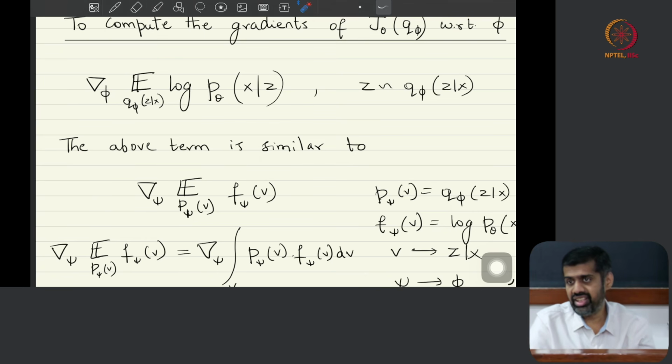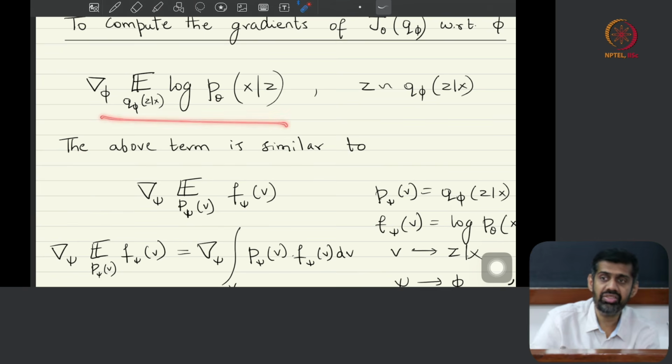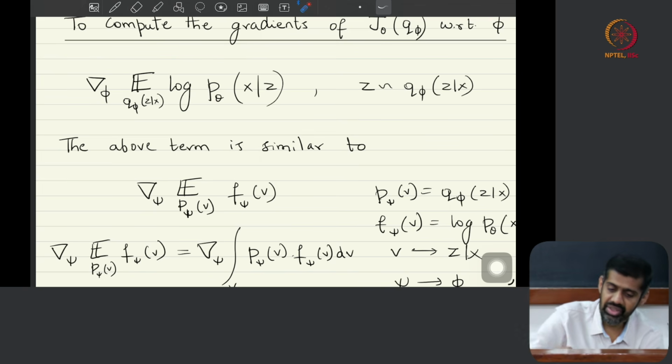So, the solution that we will be looking at right now, which is called the reparameterization idea, is general enough to be applied to any scenario where you see this kind of a problem. It is not restricted to only VAEs. Wherever you see this sort of mathematical issue, the reparameterization trick can be applied.